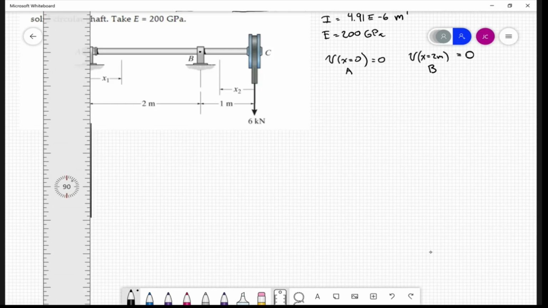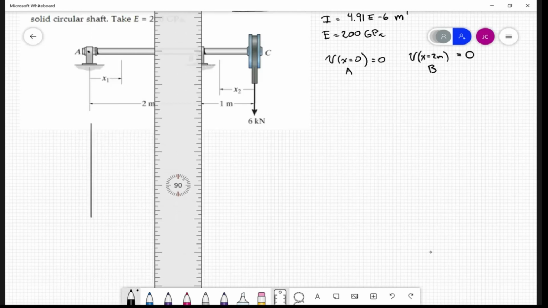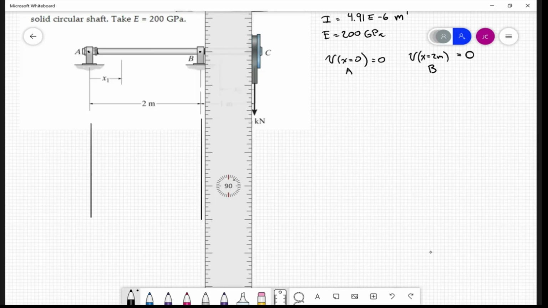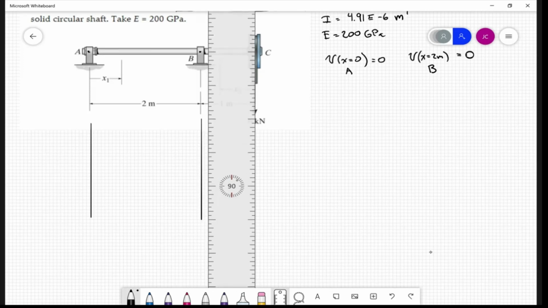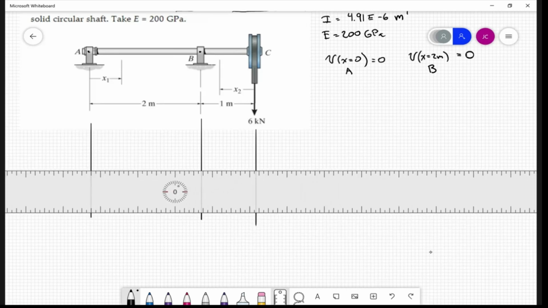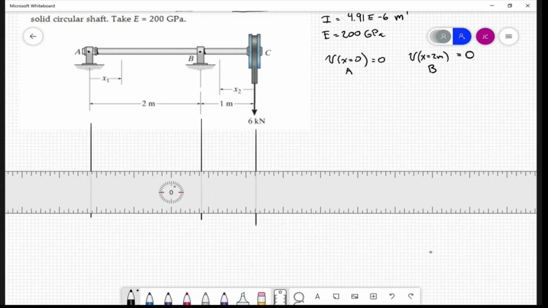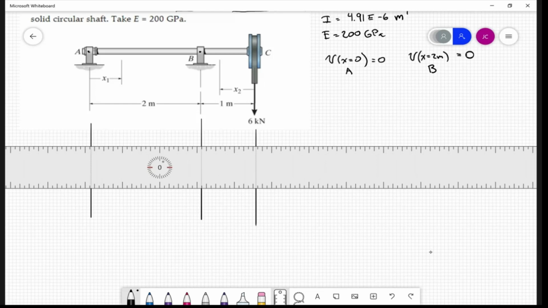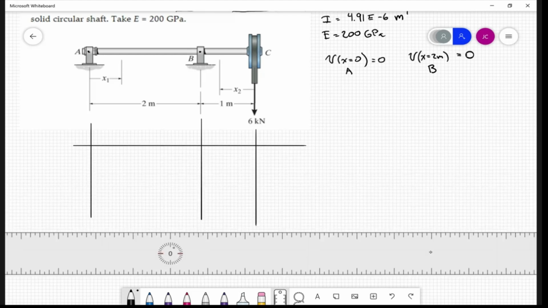So we have this point, and this point. So first I'm going to do the shear diagram, right? The shear diagram, the force is going to go up. Yeah, so we're going to have a lot of negative. I think it's mostly going to be negative. Whatever. All right, so let's figure out the reaction forces, right?